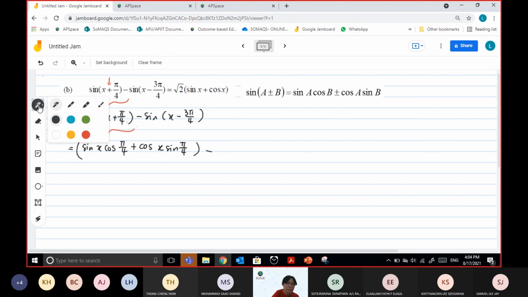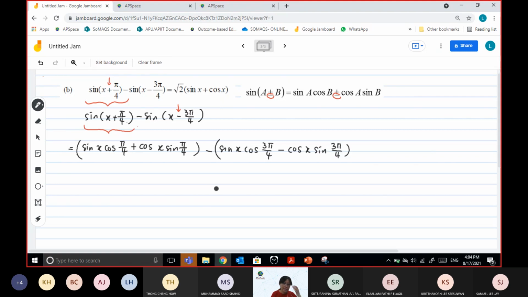Please take note the second part you have a minus, so the formula also takes minus. That means sine x cos 3 pi over 4 minus cos x sine 3 pi over 4. That's how we substitute into the formula.